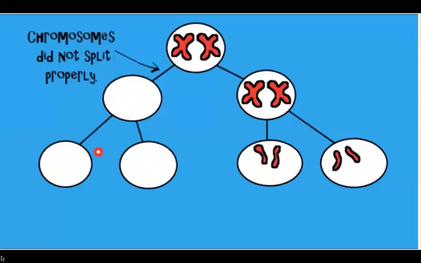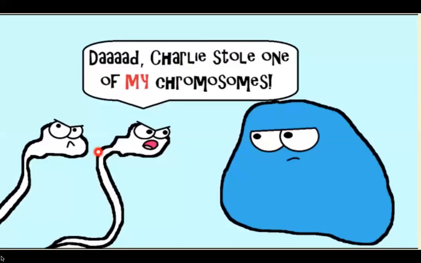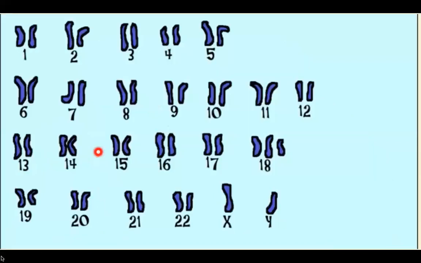But sometimes those chromosomes, when they're separating, they don't separate completely. We call this non-disjunction. This results in an egg or sperm that has too many or too few chromosomes, and that can cause a genetic disorder depending on which chromosome we're talking about. Different chromosomes contain different genes. So the specific chromosome that's affected, that really does make a difference in the result.